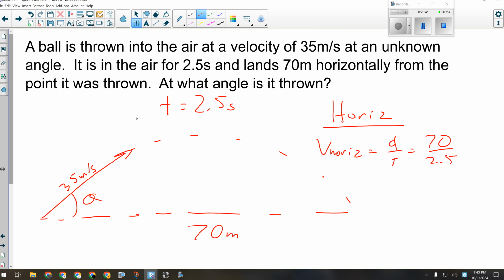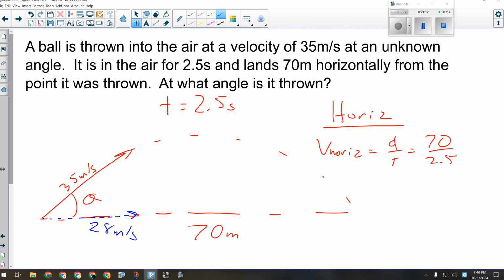Here's how that helps me. I now know another side of that triangle. V horizontal is the adjacent side of that triangle to the angle. Since I know the adjacent side and the hypotenuse, can I figure out the angle it was thrown at? What trig function should I use here? Cos.